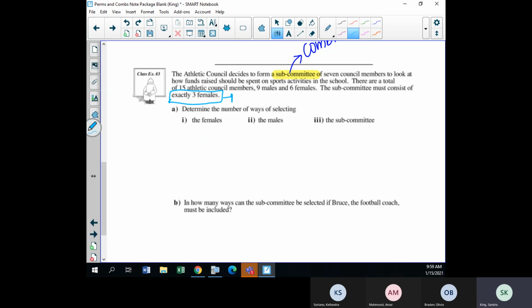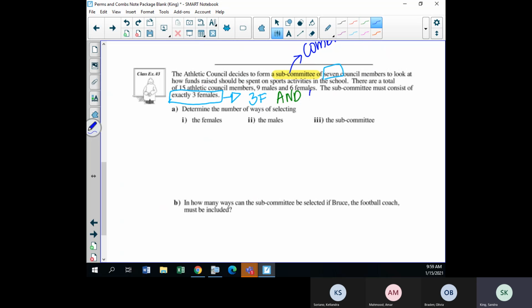So what that means is, how many members do they want on this subcommittee? 7. If they want exactly 3 females, how many males? 4.